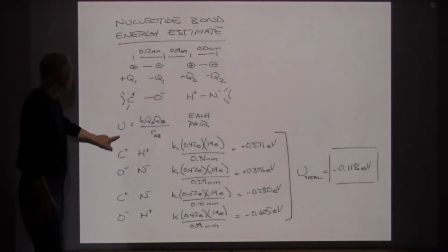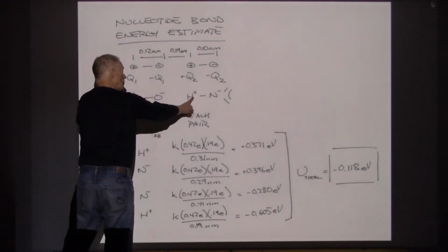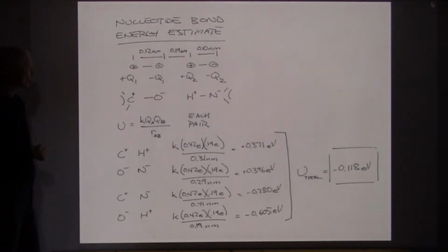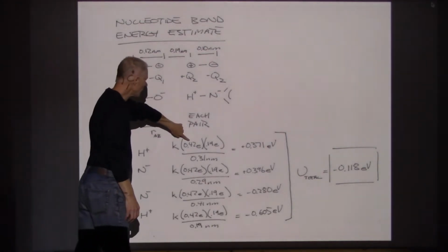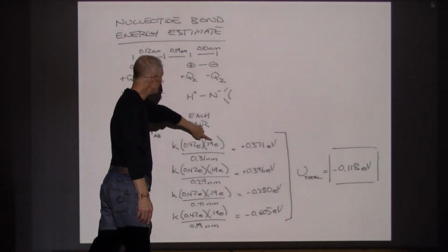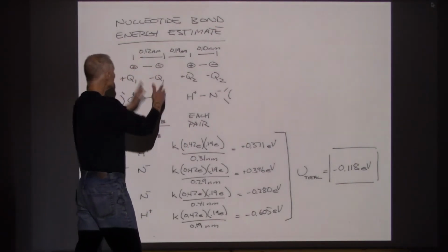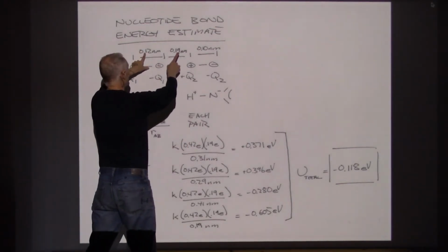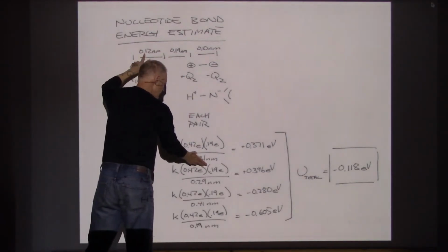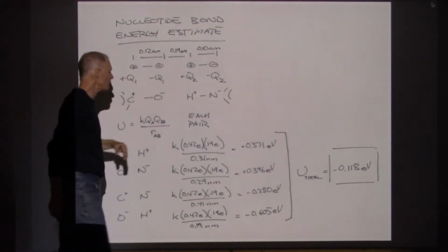First of all, I will look at the carbon and hydrogen. Now the carbon and hydrogen are opposing each other. They're both positively charged. The carbon is charged at 0.42 of a fundamental charge, and the hydrogen at 0.19, and putting in the distance, I add the 120 and the 190, that gives me 0.31 nanometers. That is giving me 0.371 eV.